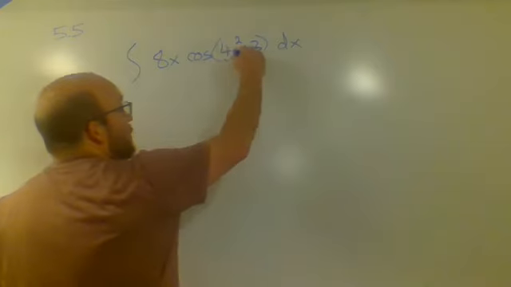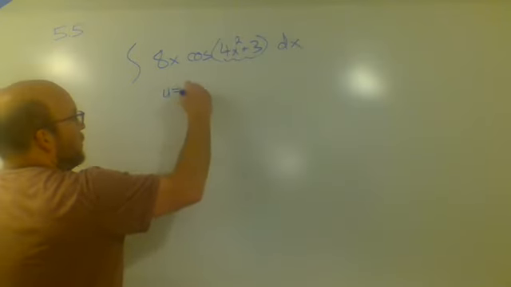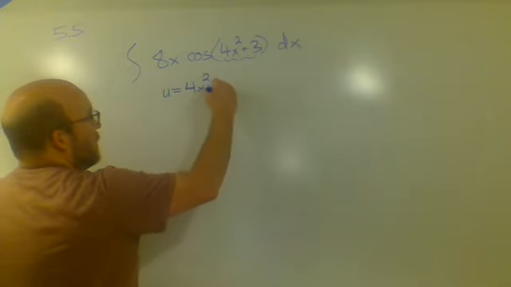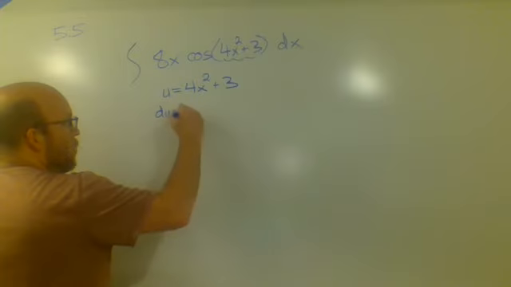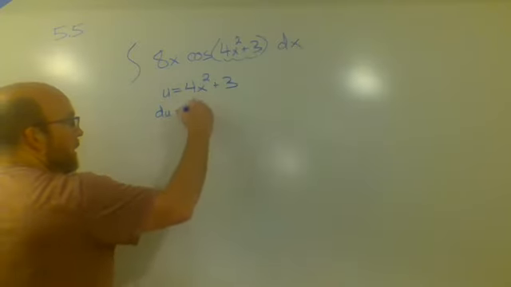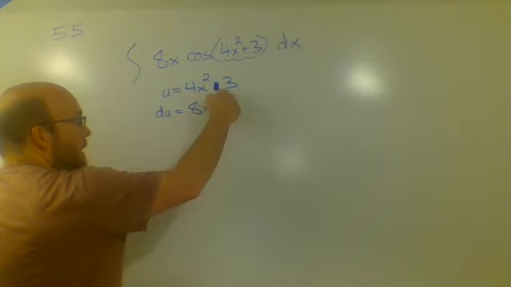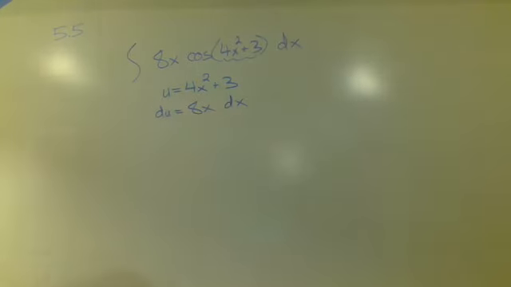So this is certainly the inner function. So we're going to make the substitution that u is equal to 4x squared plus 3. And du then would be the derivative of this expression. So the derivative of 4x squared is 8x. The derivative of 3 disappears because it's a constant, and we still have that dx.